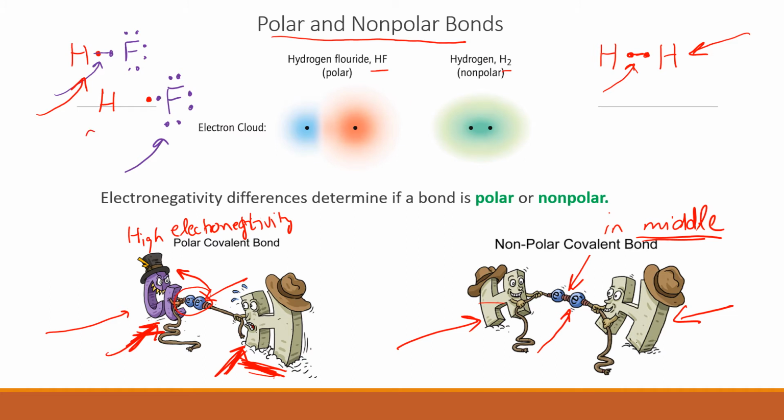So hydrogen has lost its electron partially, not completely, but it's away from it, so it feels like it has lost it.